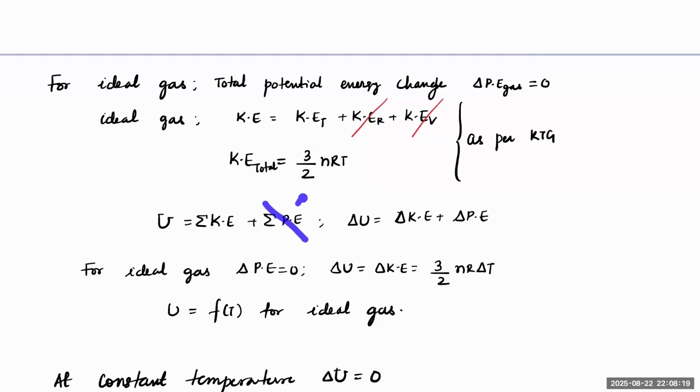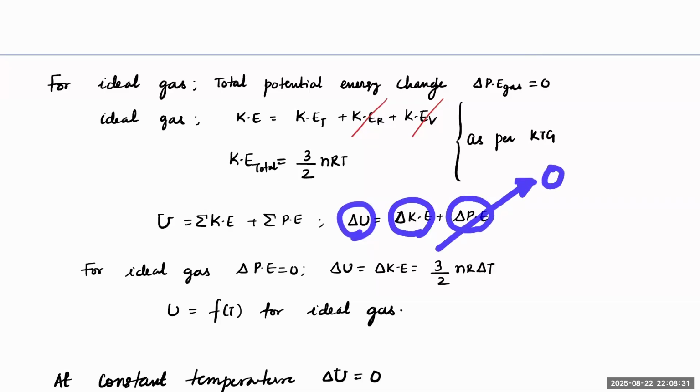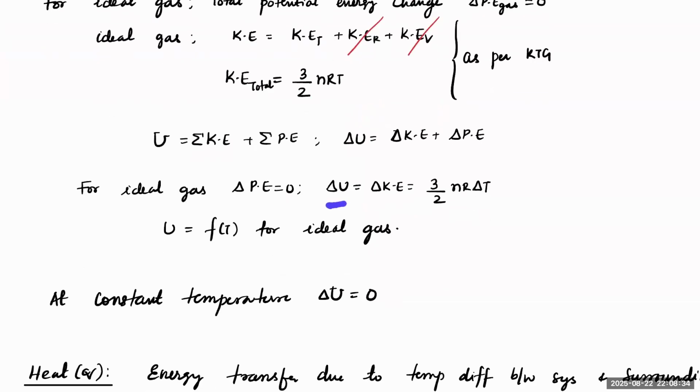Now, since the summation of potential energy is 0 and U is equal to the summation of kinetic energy, any change in internal energy should be change in kinetic energy and change in potential energy. And we learned that change in potential energy is almost 0. So delta U will be equal to change in kinetic energy. Kinetic energy only depends upon the number of moles and temperature. Since we are not changing the number of moles, the only factor that is changing is temperature. Hence, delta U can be written as 3 by 2 nR delta T.